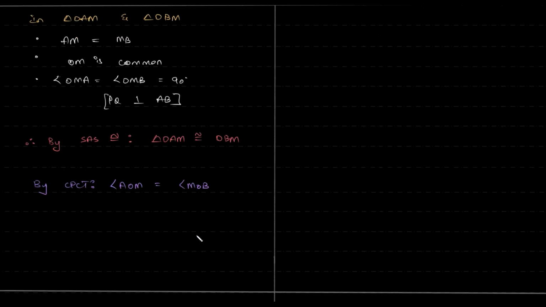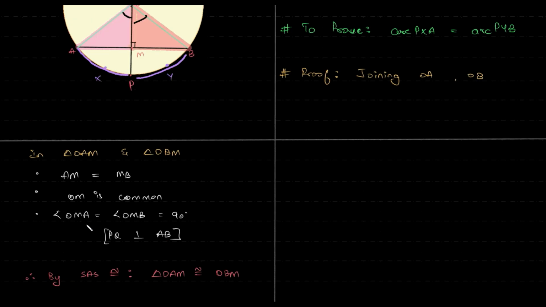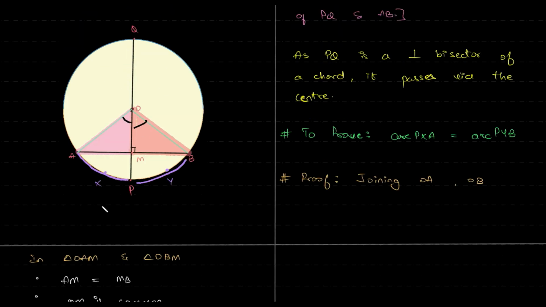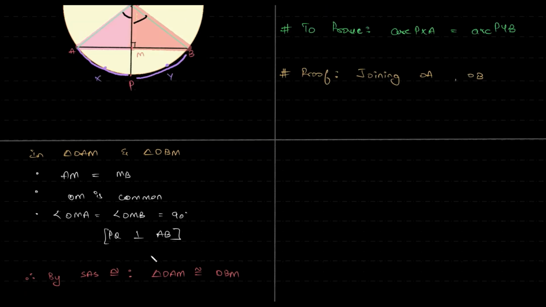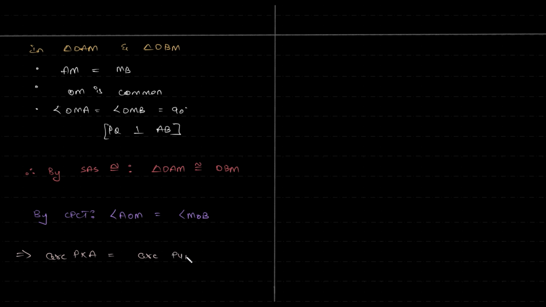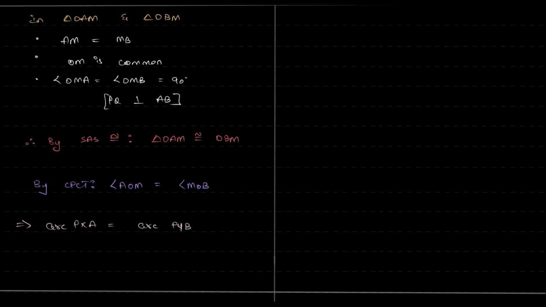Right? So with this, what can we conclude? This implies the arc lengths, whatever the given question is, they are equal. Arc length PXA is equal to arc length PYB. Okay, guys. Right, end of it.